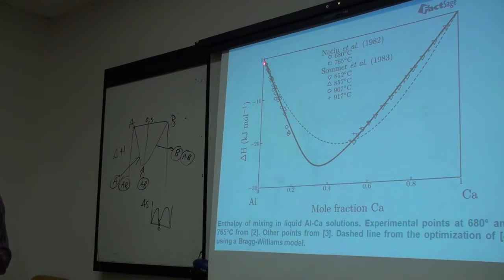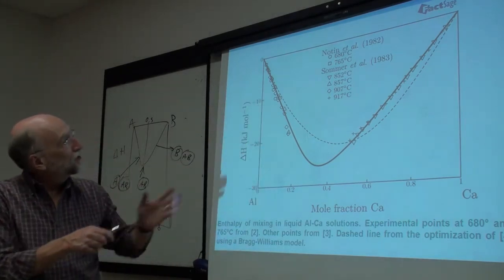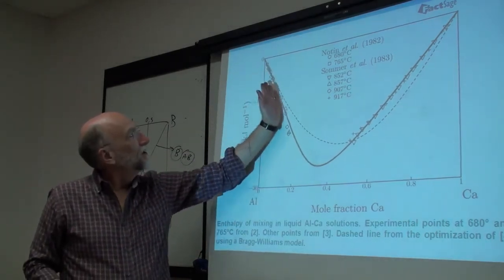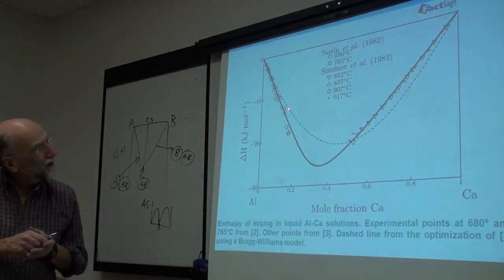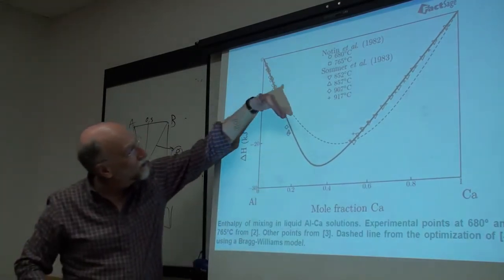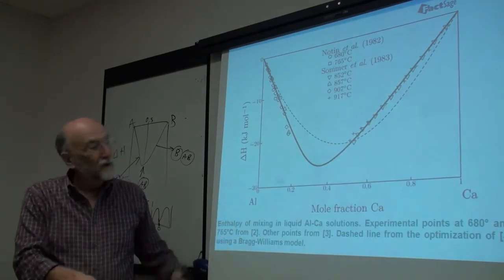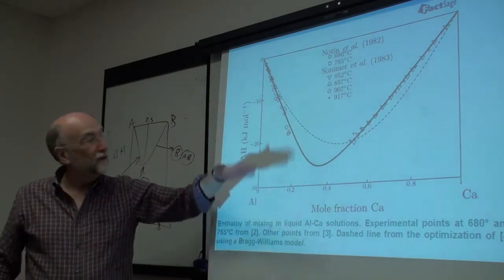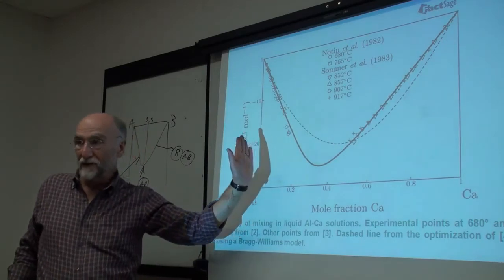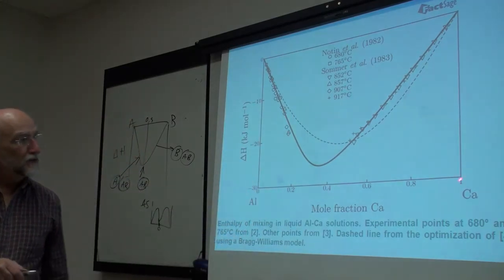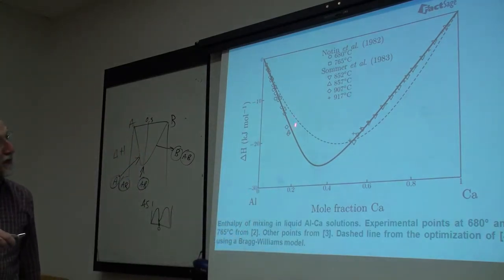But take the partial property of aluminum, which is going to be very small: you take the tangent to this curve and the tangent to that curve, which gives you the partial heat of calcium. It can be very, very different because of this curvature. And so your activity coefficient of calcium can vary by orders of magnitude.